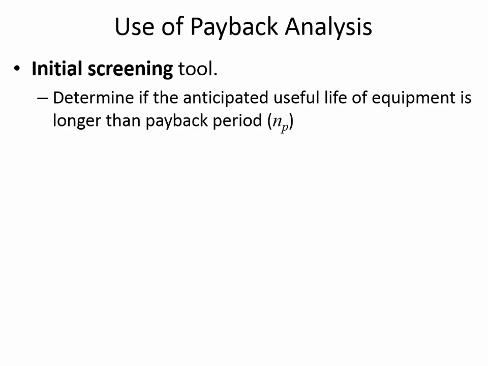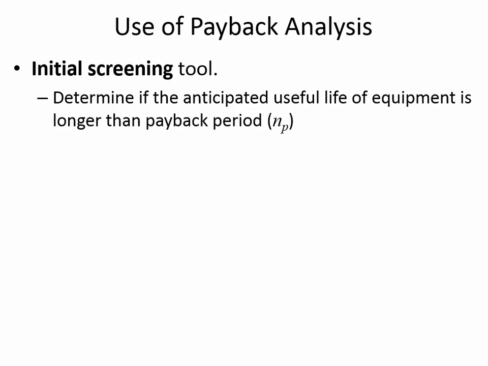Because think of it this way. If you took a loan for a car and you have to pay back the loan over 5 years, okay, but what if the car only lasts for 3 years? Then in the last 2 years of the loan, you're paying off a car that you don't own anymore. And that would seem pretty unfair, right? If you're still paying for something that you don't use anymore.